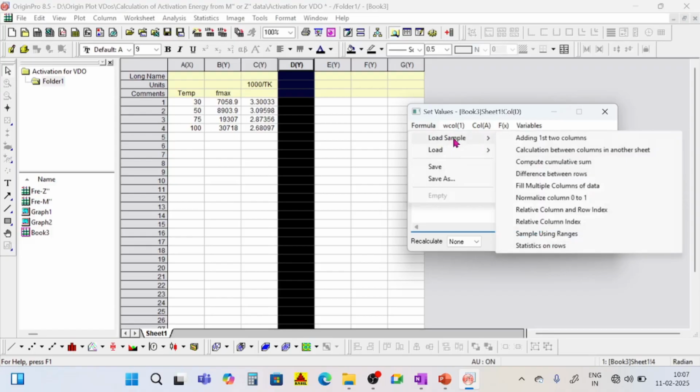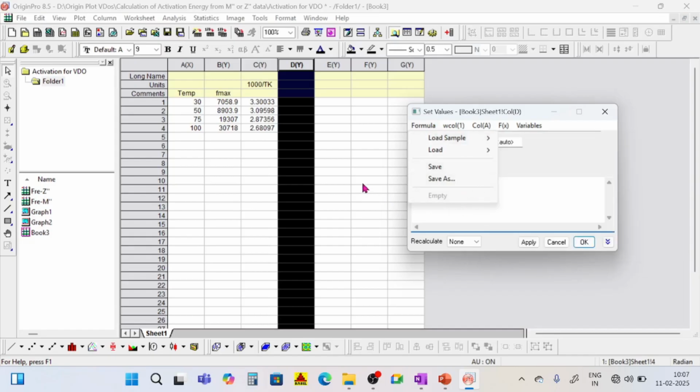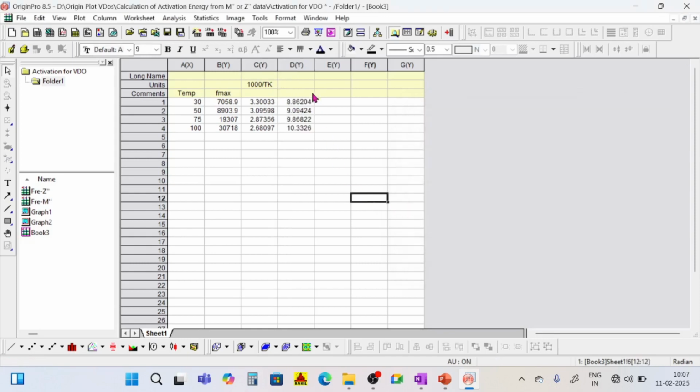But you can write directly like this, whatever I have written, ln bracket column B bracket, then apply, okay. So here we found ln of this column, or ln F max. Here we calculated ln F max, right?